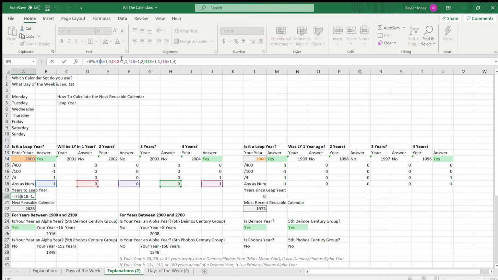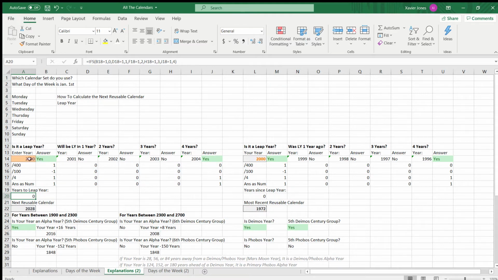If it is 0, then we know that it is not a leap year. So we have right here, if B18 equals 1, then we have 0 years to our leap year, because that means that it is currently the leap year. You don't have to go any further in the future. You have your leap year. It is not any amount of years to your next leap year.